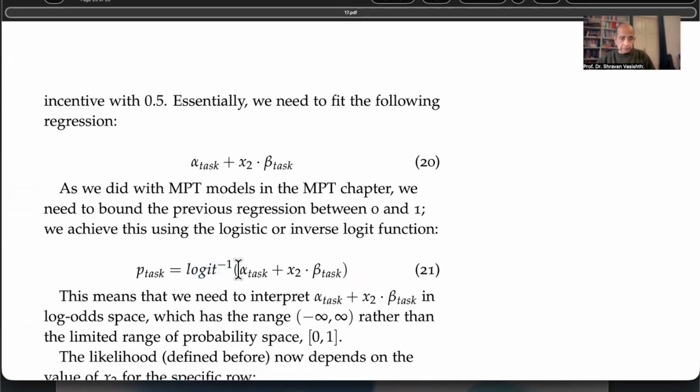So we fit the model in log odd space, which goes from minus infinity to plus infinity. Having fit the model in log odd space, we use the mathematical analog of the p logit function in R, if you remember, and get back the probability of task.